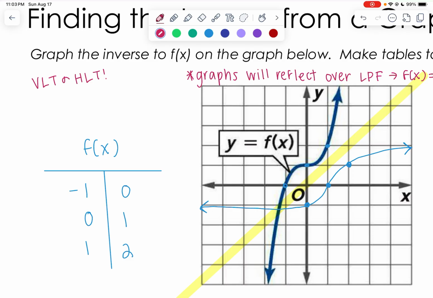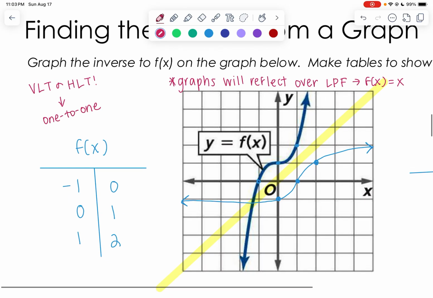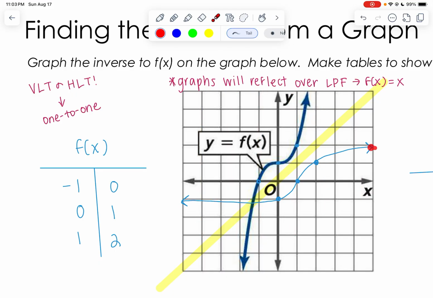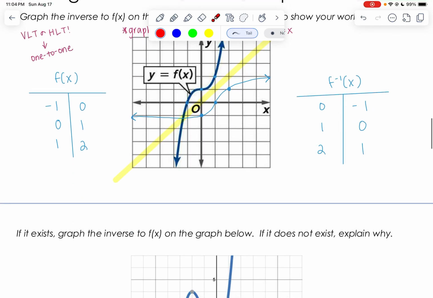What that does is help you check if the function is 1 to 1 on a graph. So it passed the vertical line test, but because our inverse is going to reflect, before I reflect it, I can just check the horizontal line test, and that gives me a heads up before I reflect it. So let's keep that in mind as we go on to the next one.